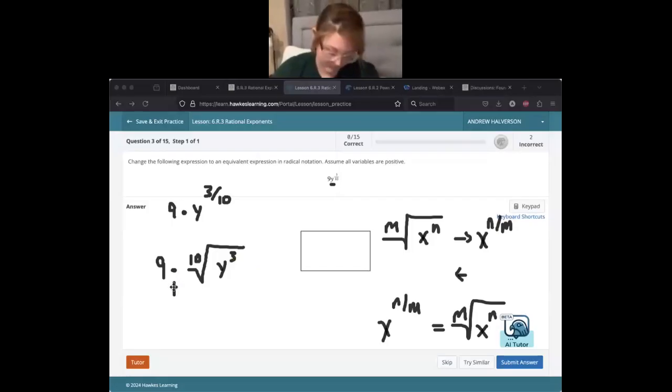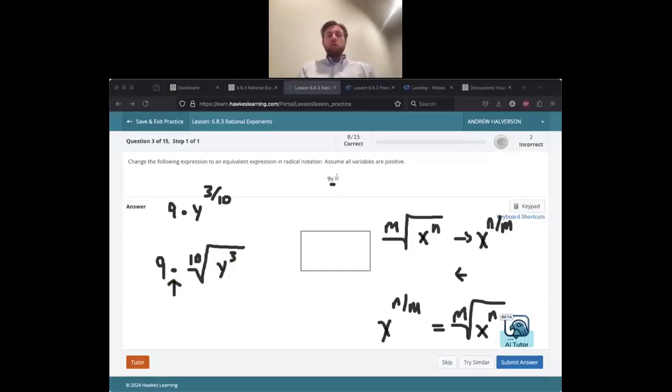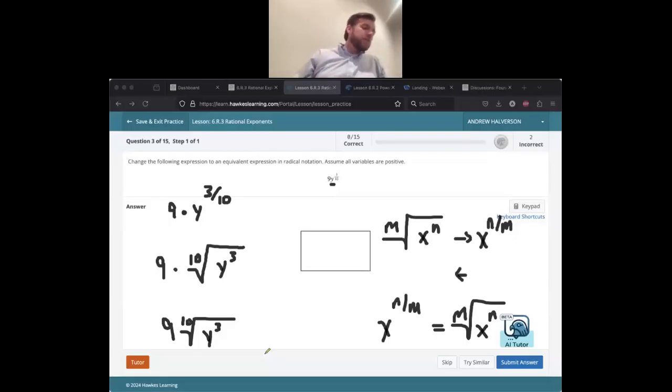Now we can drop the multiplication symbol, and we get 9 times the 10th root of y to the third. So it's the grouping symbol that's important. It lets you know if something is or is not grouped.